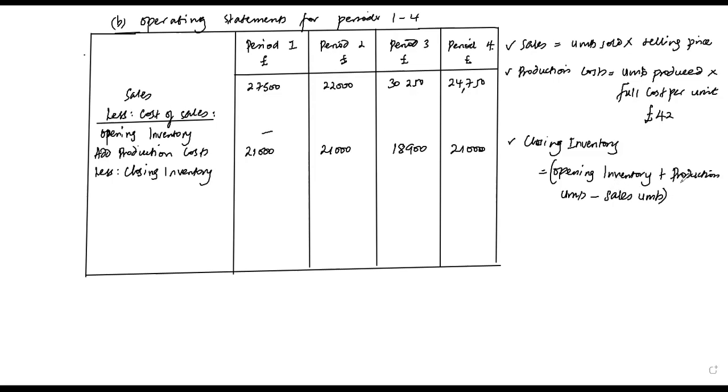Then opening inventory plus production units minus sales units. Then what you get, you multiply by the full cost per unit to come up with your closing inventory in terms of money. Let me take you back, then I show you how to do that.